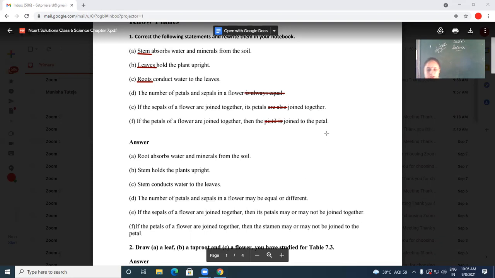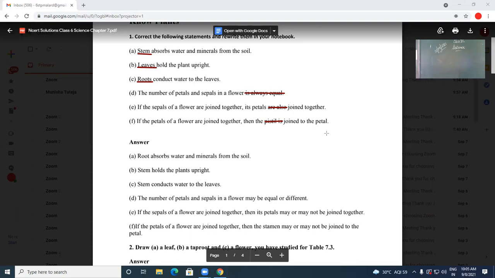Okay, and in place of this, we will write the correct words. The correct words are stamen may or may not. Okay, then join to the petal is written already. Fine. So this is how we will do question number 1, but it will be done only in the book, not in the copy. Okay, I hope this is clear to everybody.